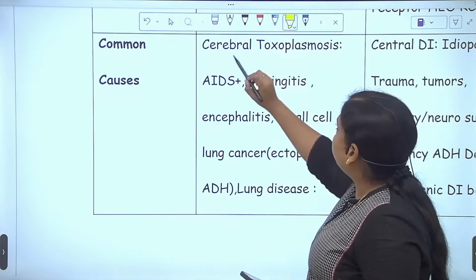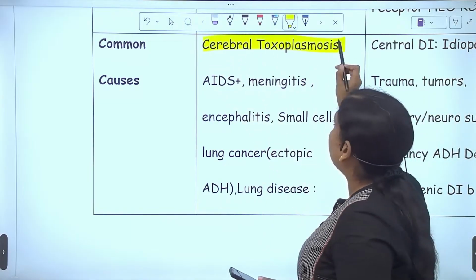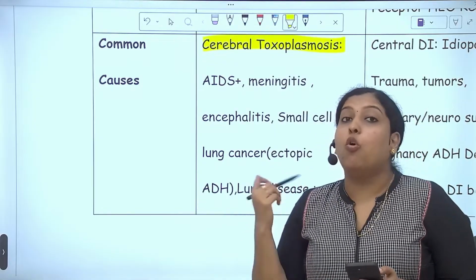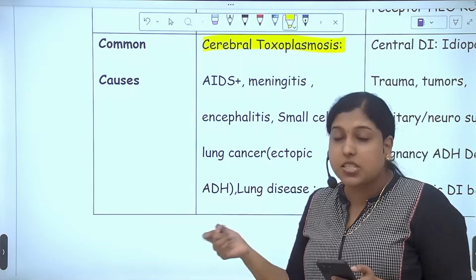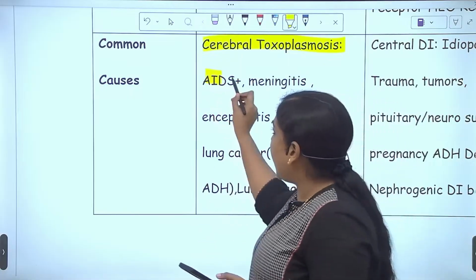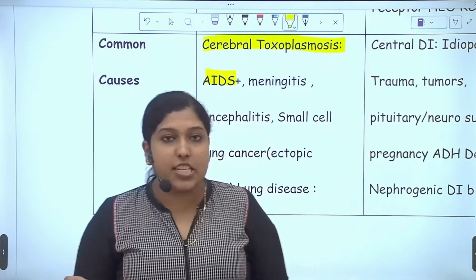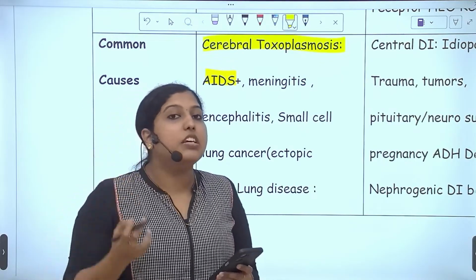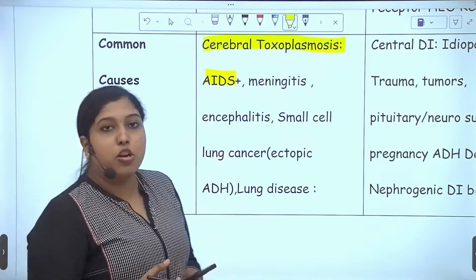First is cerebral toxoplasmosis. In what patient is cerebral toxoplasmosis risk higher? When the patient is AIDS positive, because of immunocompromise, the patient is at a higher risk of getting cerebral toxoplasmosis.